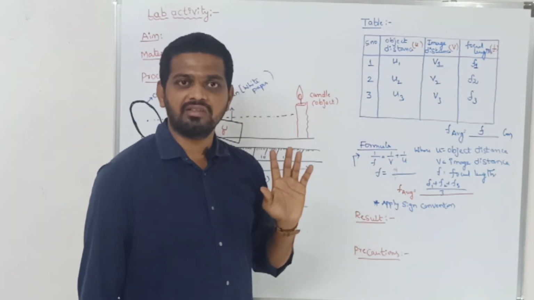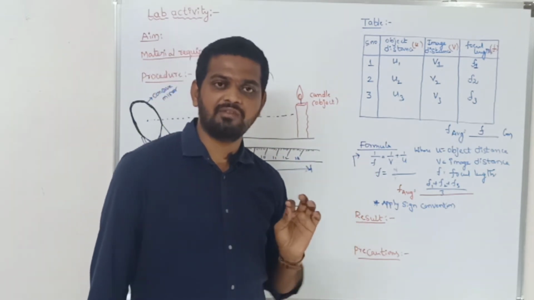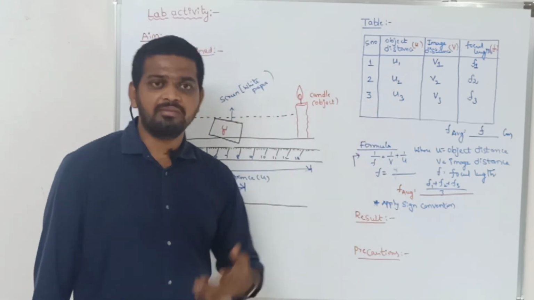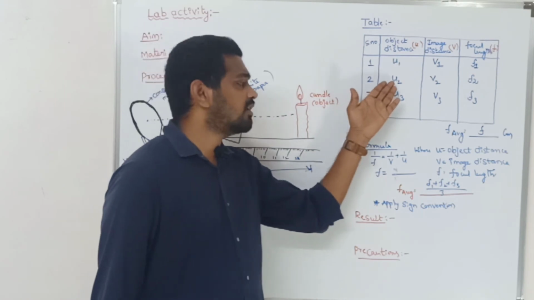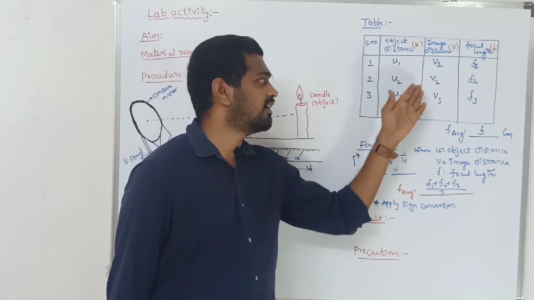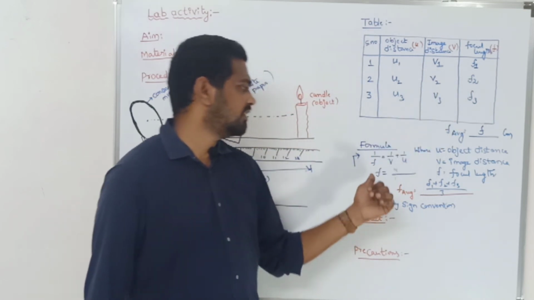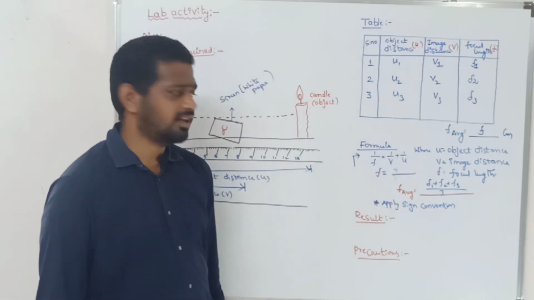Don't forget, you should get the correct answer when you apply the sign convention. In a similar way, repeat the same procedure for different values of object distances and find the image distance as well as focal length by using the mirror formula and applying the sign conventions.